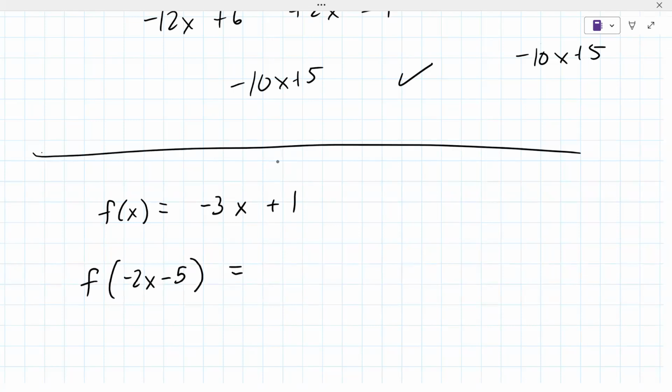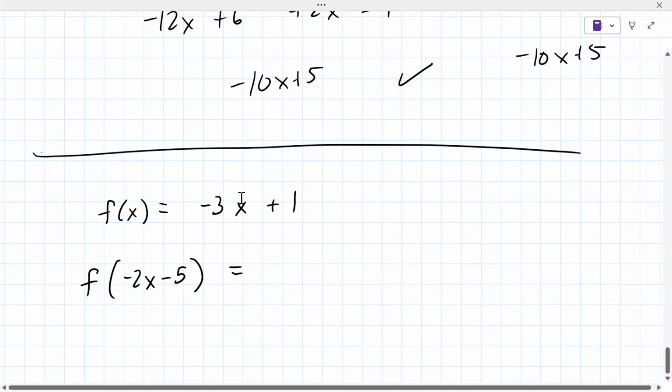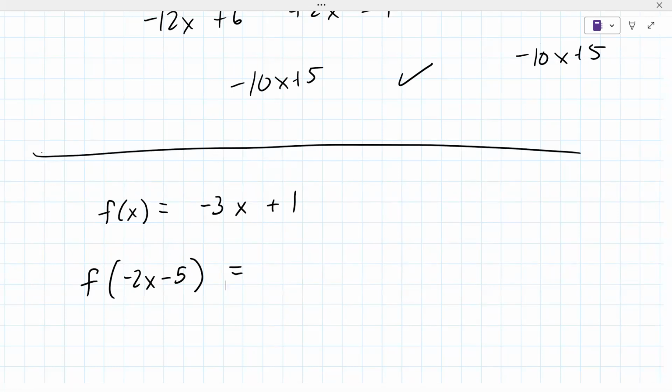So I'm asking you to replace x with this and to simplify. 6x plus 16.